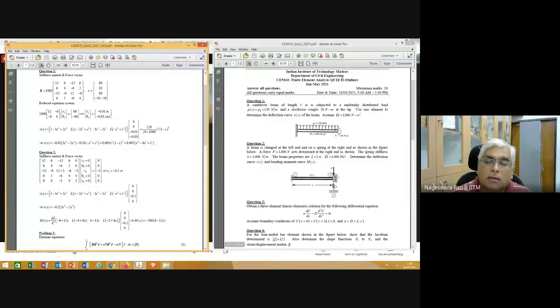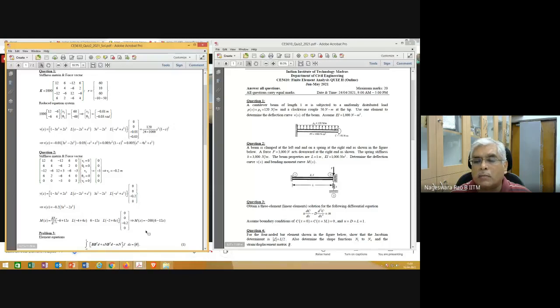Deflection is allowed, but slope is 0, theta is 0, and V3 is nothing but the deflection at node 3, which is a spring element. It is also 0. Based on that, you can eliminate the rows and columns corresponding to the degrees of freedom which are 0. And finally, you get one equation, one unknown. You can solve for the unknown, and use finite element interpolation. And then you can determine the deflection and the rest of the quantities.